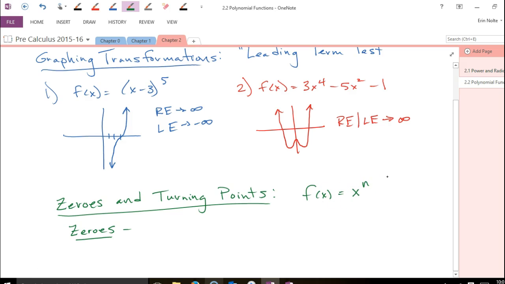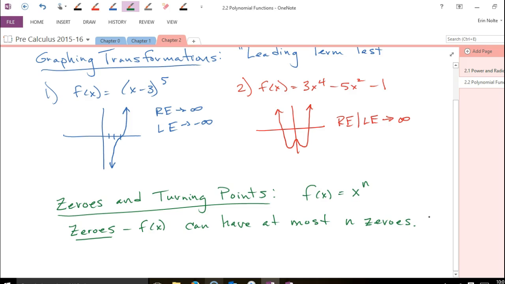If it has to the nth power, the function can have, at the very most, n zeros.